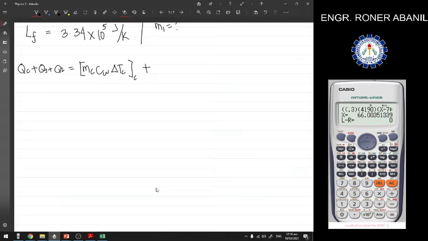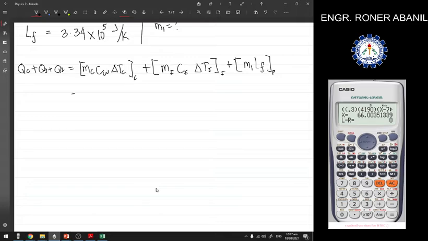Plus M ng ice, yung constant ng ice natin, change of temperature nung ice. Plus, ngayon, MI na hinahanap natin times LF. Ito naman yung para sa phase changes.